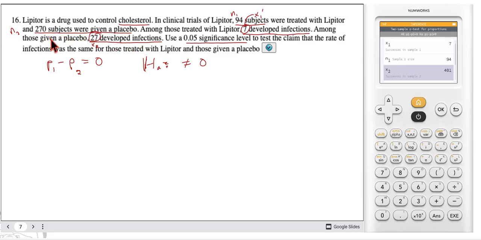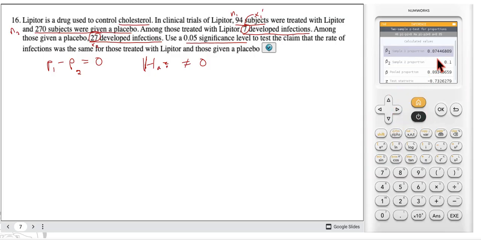X2, that's the 27. The sample size for 2, the ones given the placebo, 270. Significance level is 0.05. Go to next.